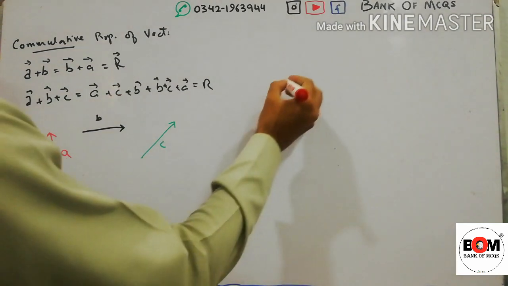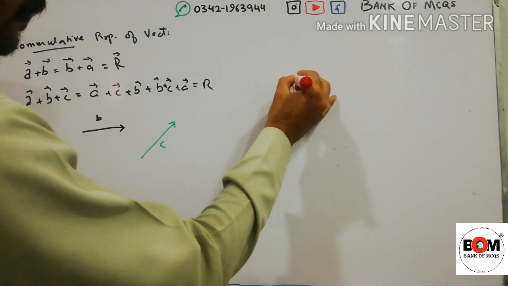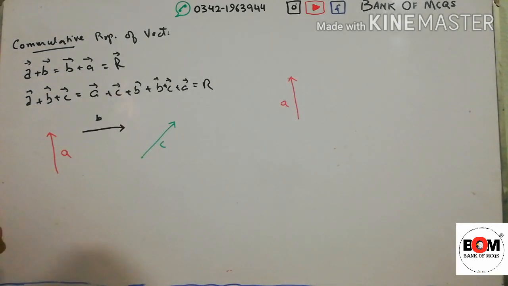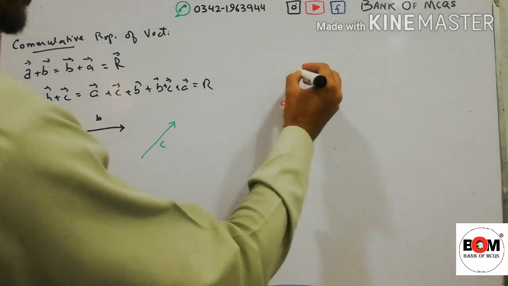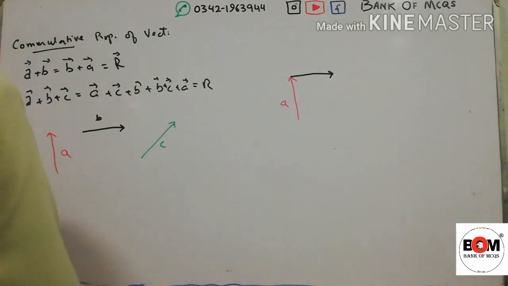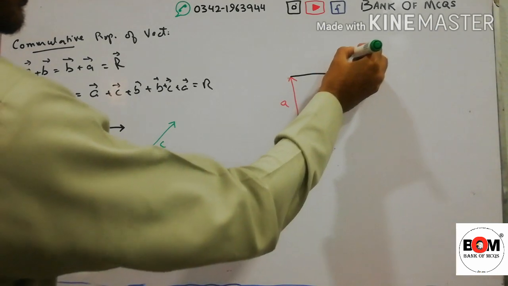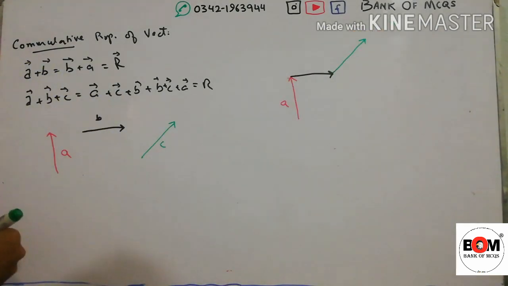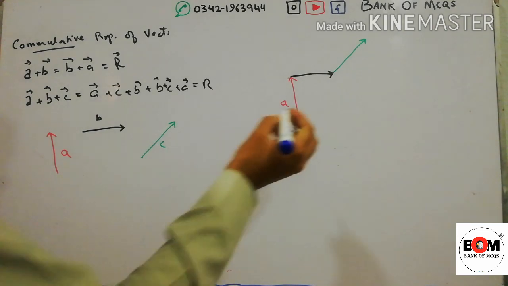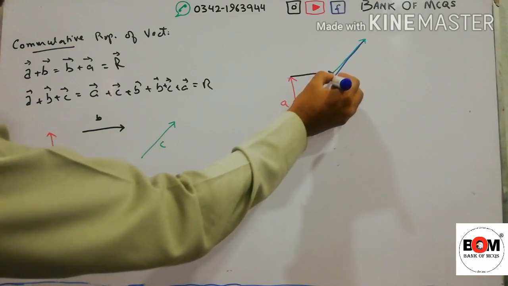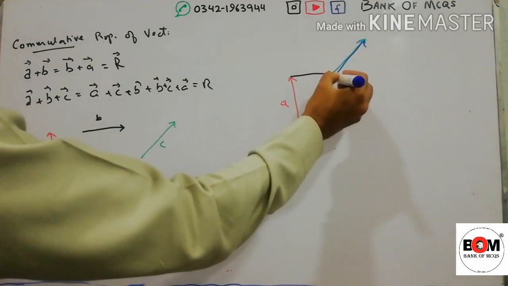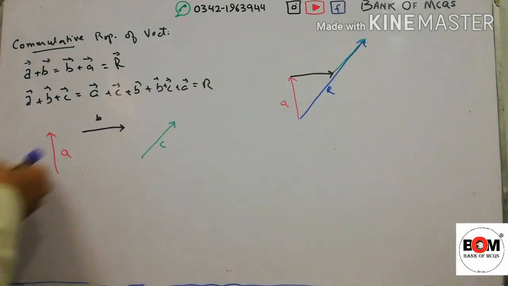So to draw, first I will add abc. If this is a, then I add b with it, and with the addition of the third, I draw c. This is abc. Now I can draw the result, this is our result if we add a, b and c.